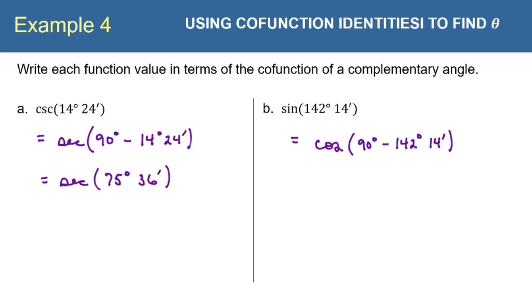So 90 degrees minus 142 degrees and 14 minutes. Okay, do the subtraction on your calculator, and then you'll have the cosine of this difference is equal to the cosine of negative 52 degrees and 14 minutes. And so we've restated this sine function in terms of the cosine of the complement angle.